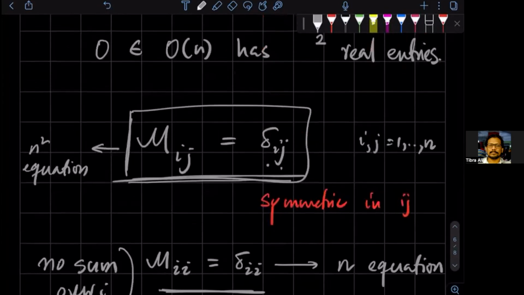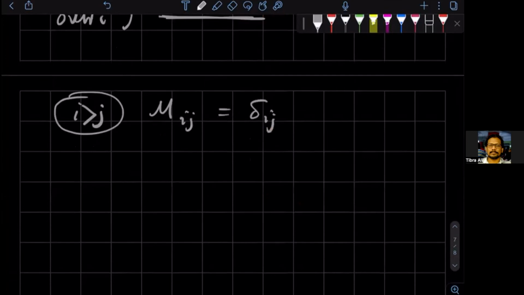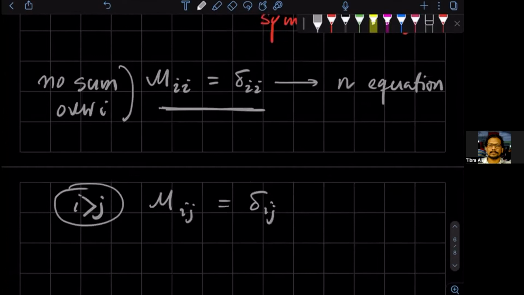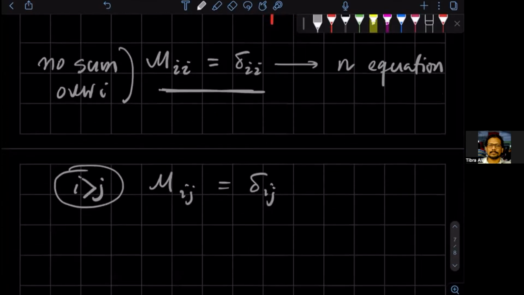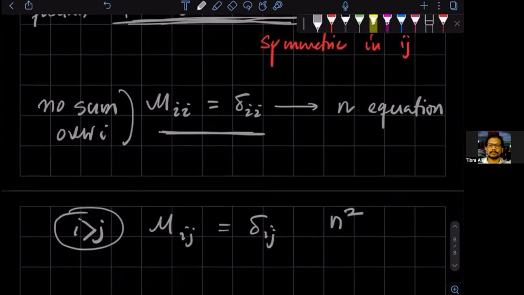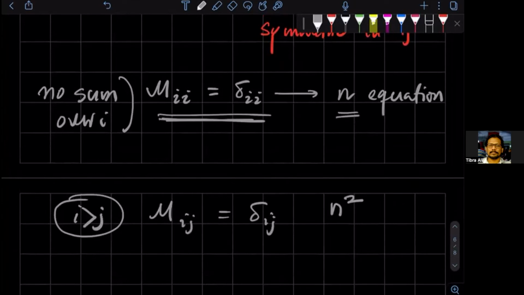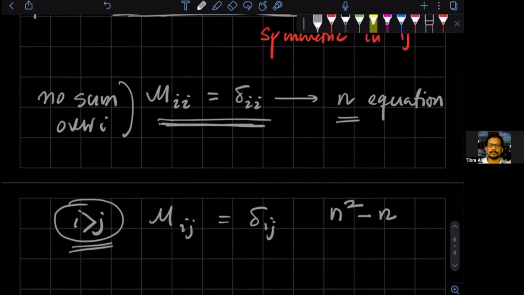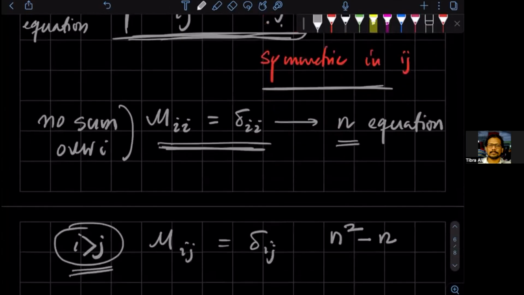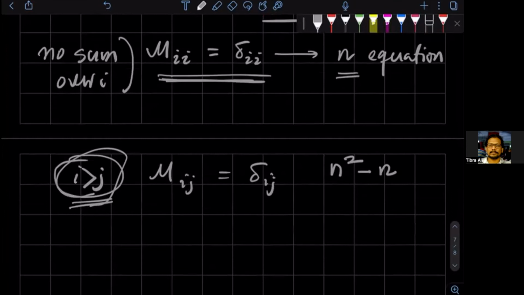You can visualize this as a matrix of equations, right? So you had in total n squared equations, but of those n squared, n are taken up when the two indices are the same. So you subtract them because they are not part of this i greater than j. But since this is a symmetric equation, i greater than j and j greater than i are the same. But if you look at just i greater than j, then it would be half of this, right?